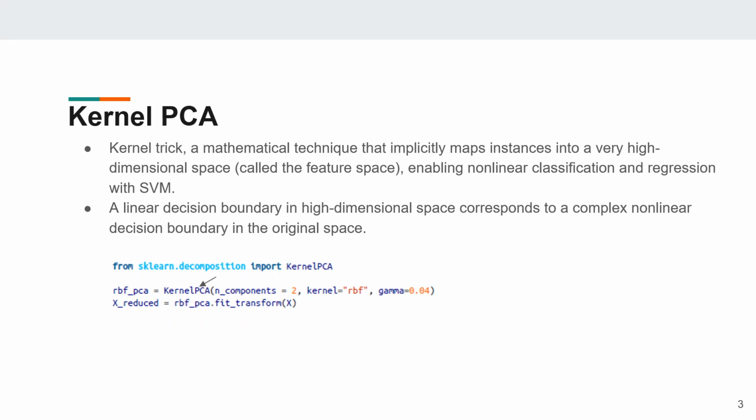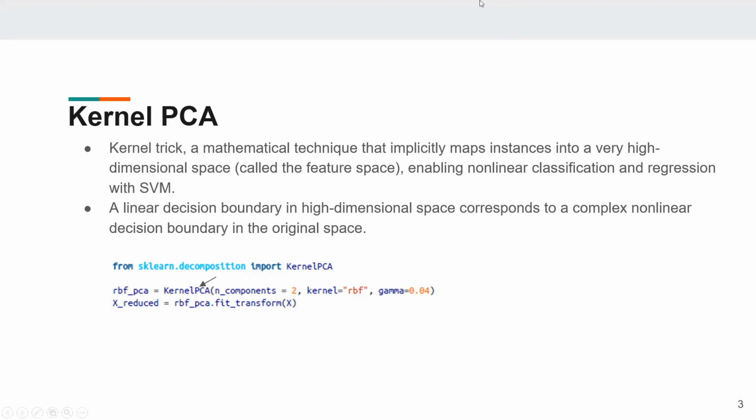For example, a linear decision boundary in a higher dimensional space corresponds to a complex nonlinear decision boundary in the original space. So you would be able to leverage that linear decision boundary in higher dimensional space better.